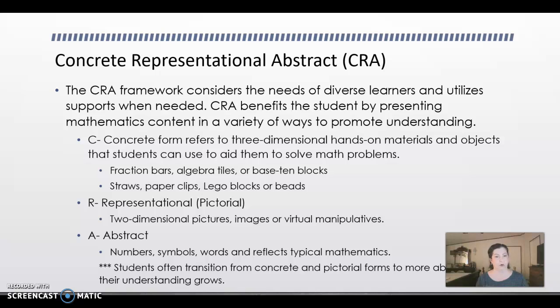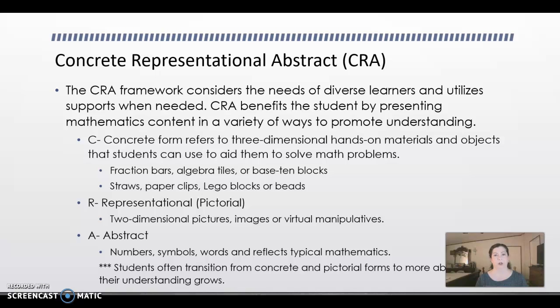That's the typical numbers, symbols, and words that reflect typical mathematics. I understood too that students often transition from the concrete and the pictorial forms to the more abstract forms as their understanding grows.